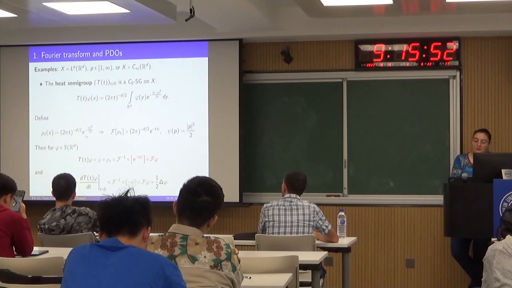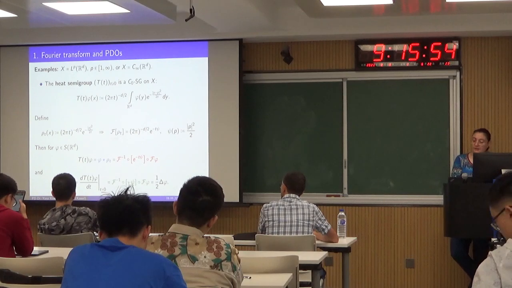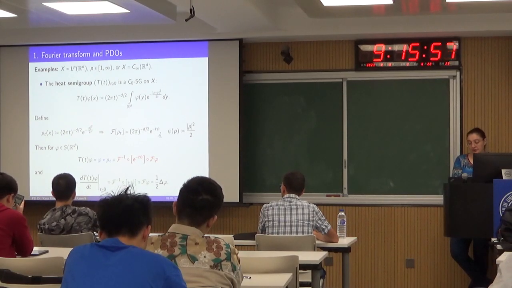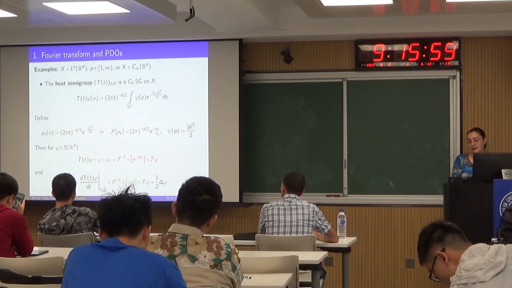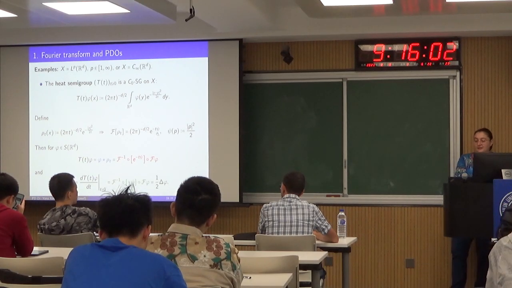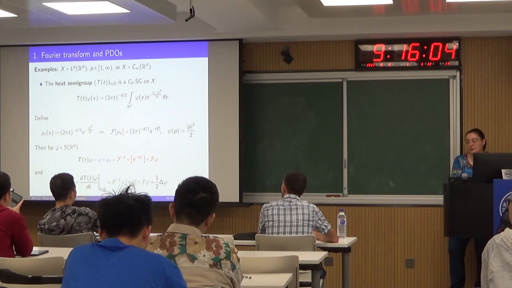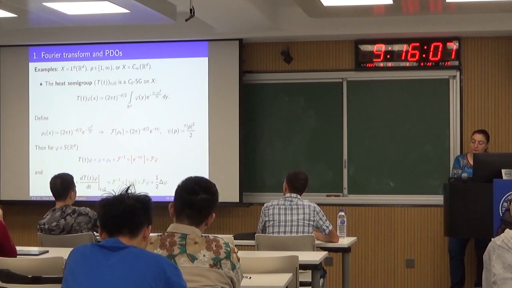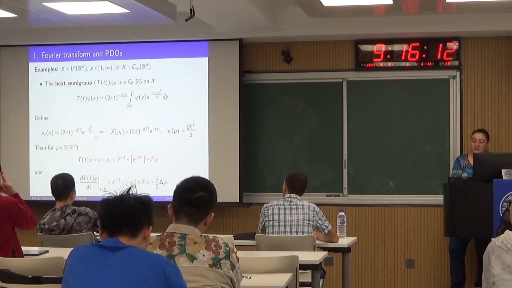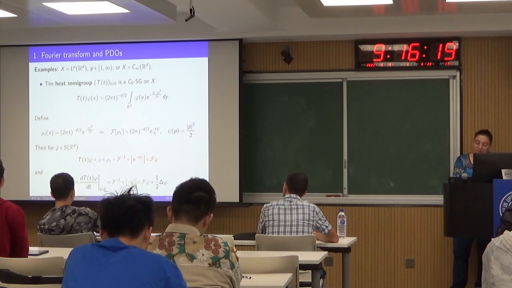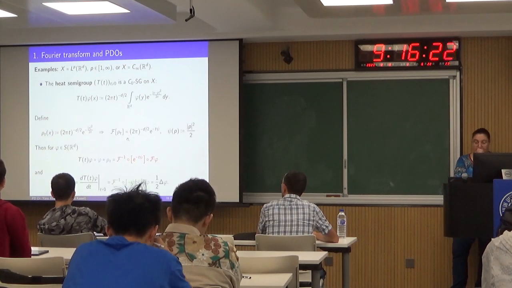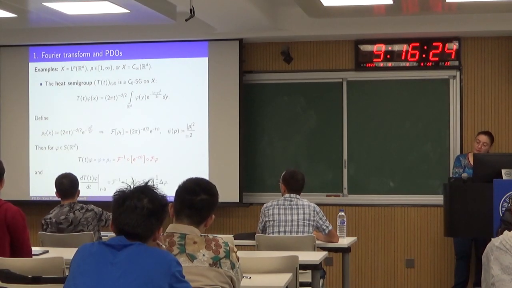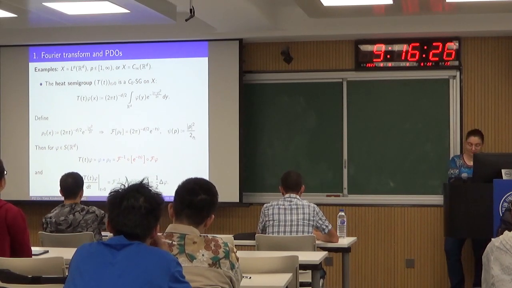We know that its Fourier transform is again an exponential function, now with minus the norm square of the variable. Here the variable is x, there the variable is p, and t, which was in the denominator, comes to the numerator after applying the Fourier transform. We assume that we know that, or you can calculate it yourself.